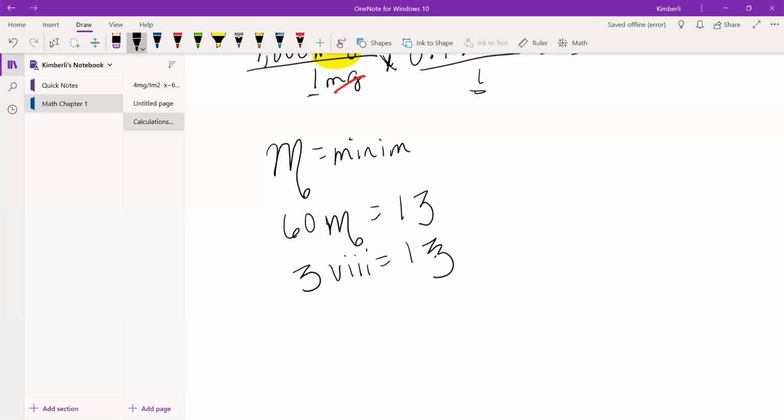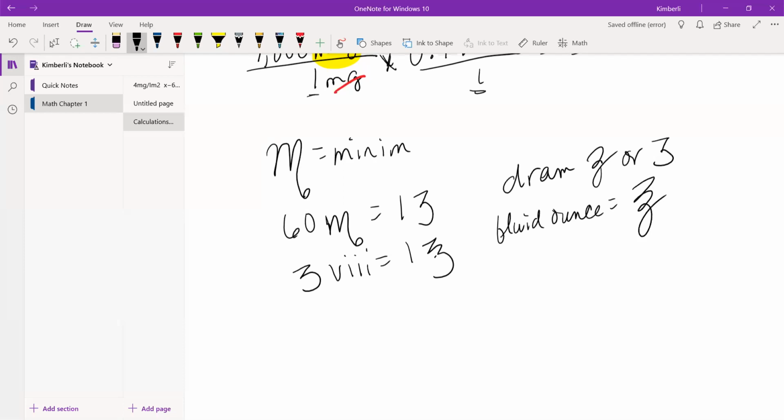Now, if you're going to write this using cursive writing, the dram will look like this, or using printing. And then the fluid ounce looks like this. So how do you remember which one is which? A dram is really close to a teaspoon, and an ounce is bigger.